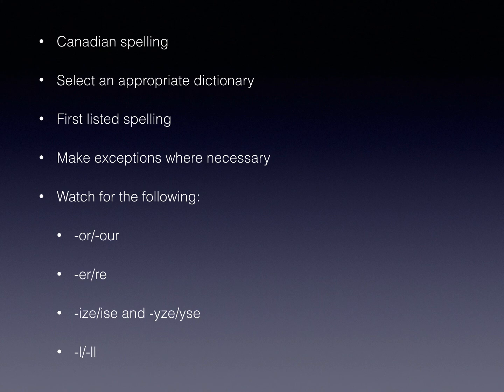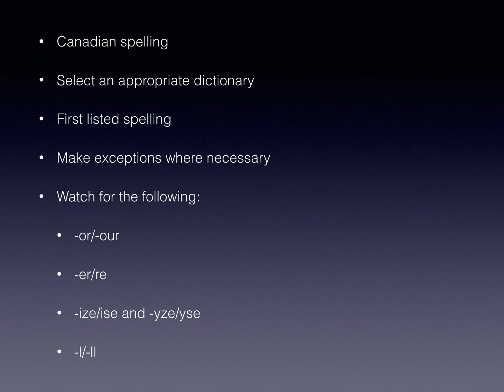Pay particular attention to words that have the OR or OUR ending, the ER or the RE ending, the IZE or the ISE ending, the L or the double L ending. These are really common suffixes that have variance between British, Canadian, and US spelling.